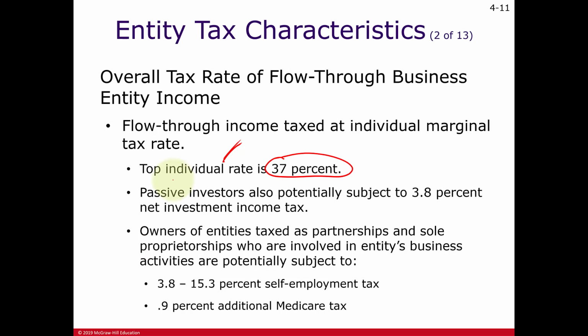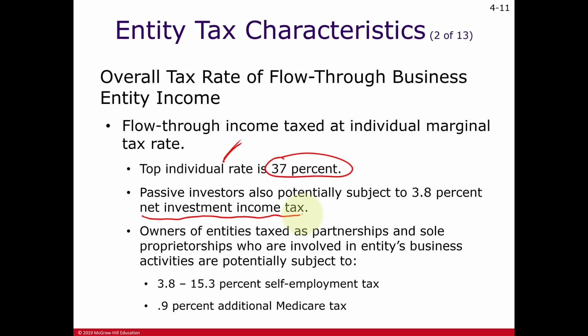Another type of income tax that's tacked on to that 37% tax rate is for what we call net investment income. The Affordable Care Act, or Obamacare, needed to have additional funding when it was first implemented a few years ago.